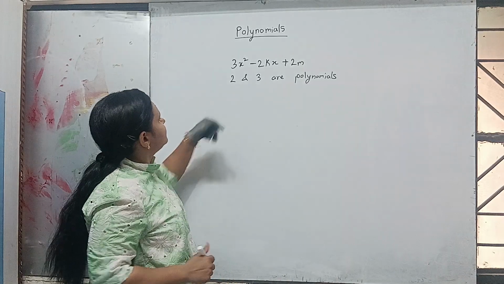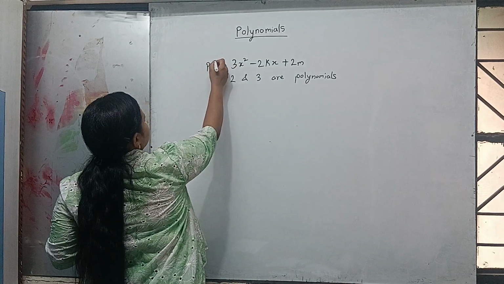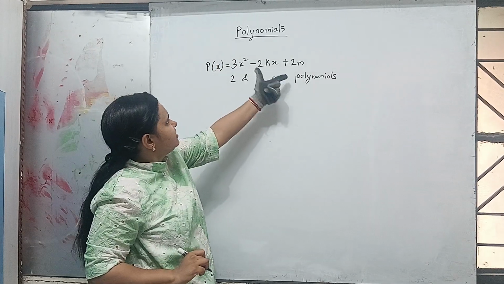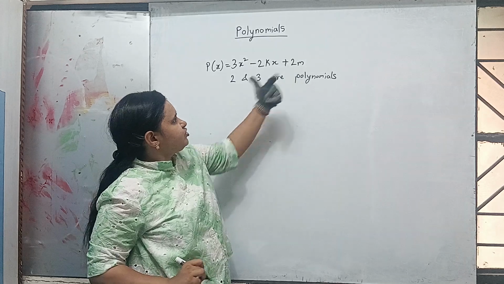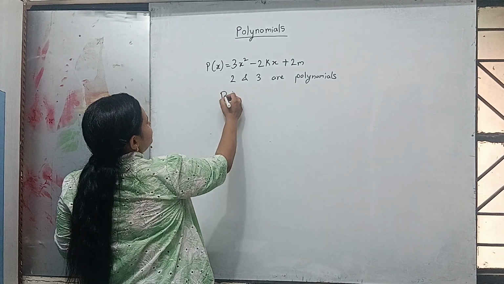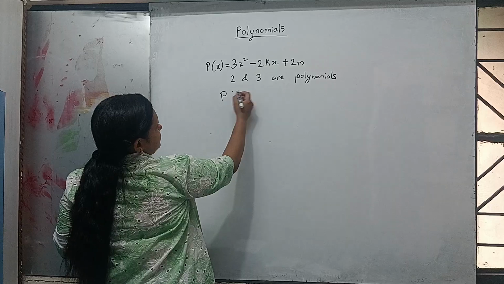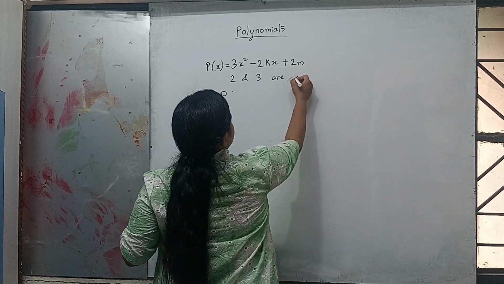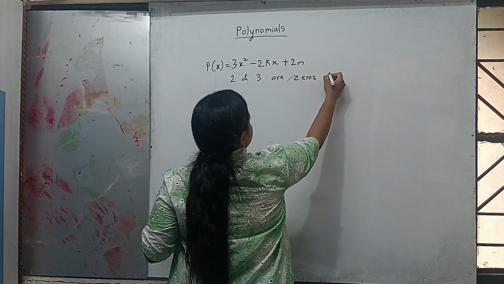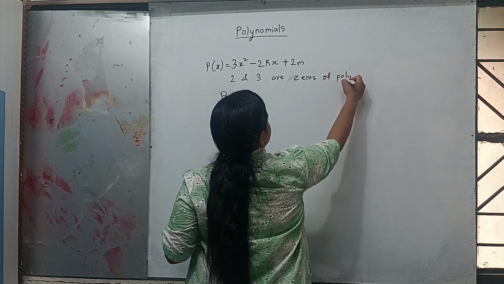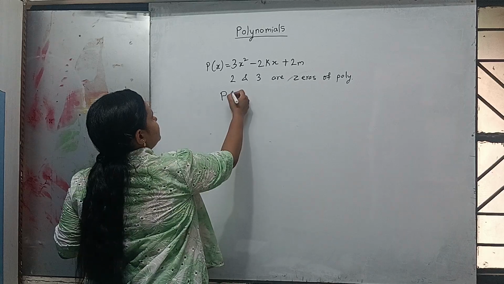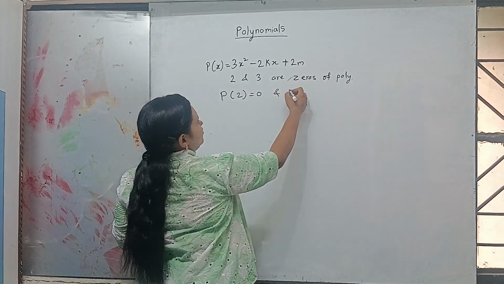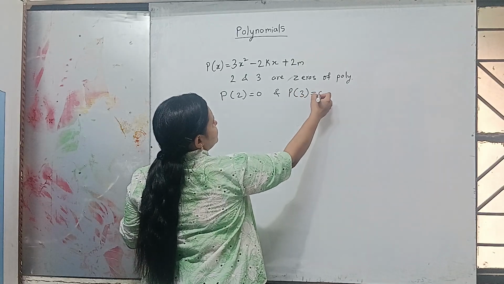That means here it is a polynomial p of x, 3x square minus 2kx plus 2m. That means 2 and 3 are zeros of the polynomial, so p of 2 will be 0 and p of 3 will also be 0.